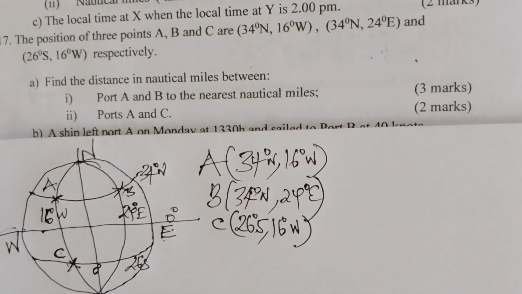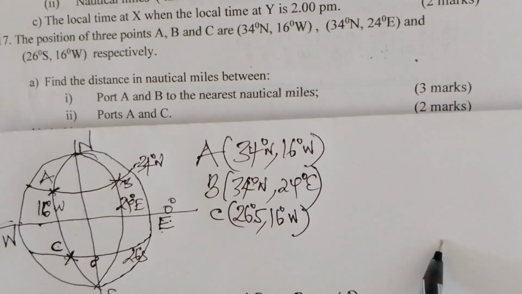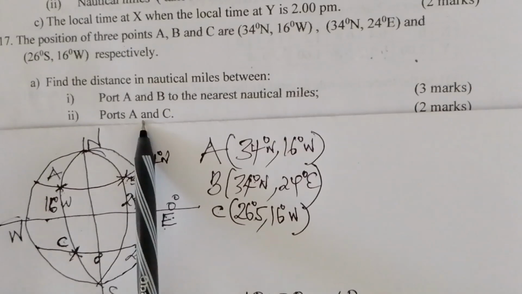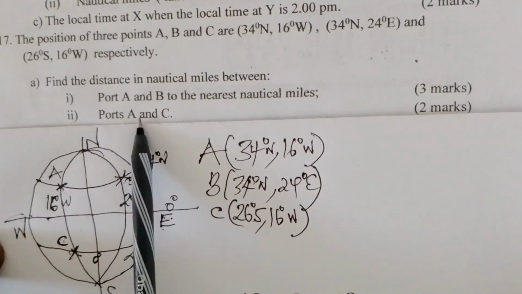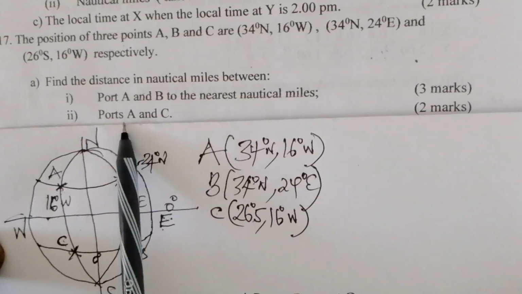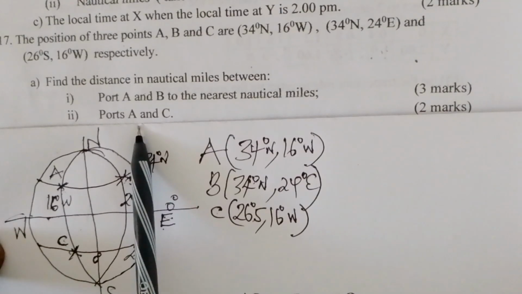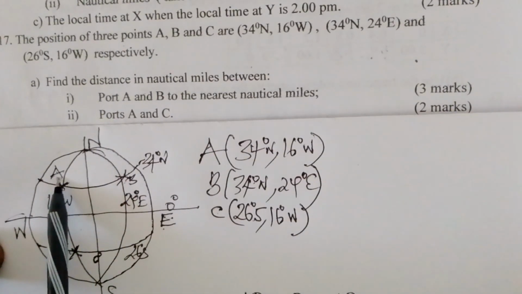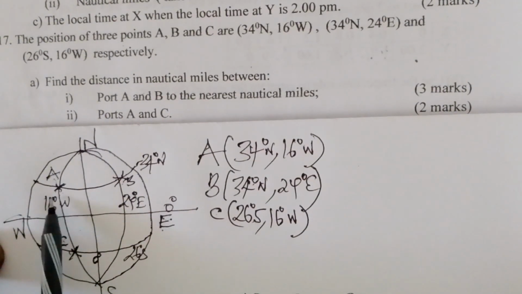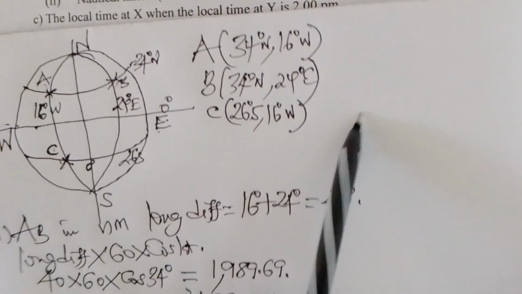The other part, we're told to find the distance AC, the distance between A and C in nautical miles. A is here, C is here. A and C lie on the same longitude. So that one is easy.